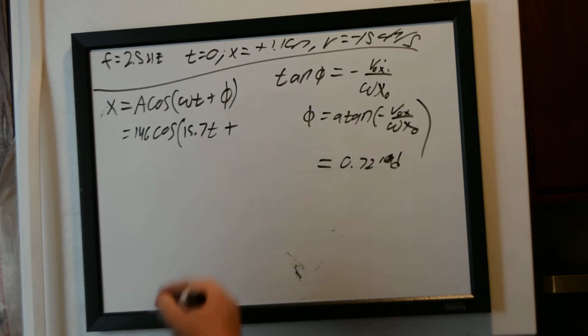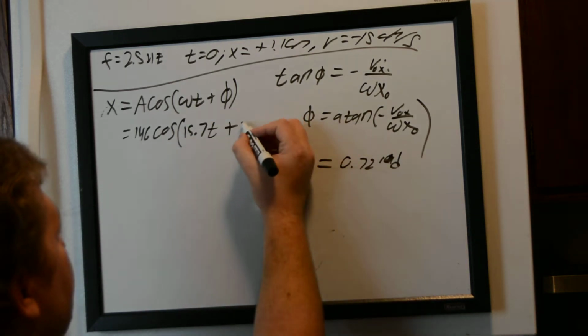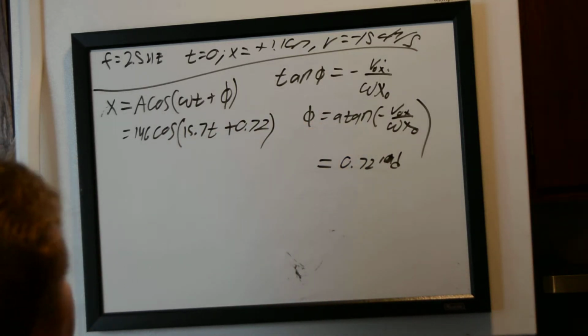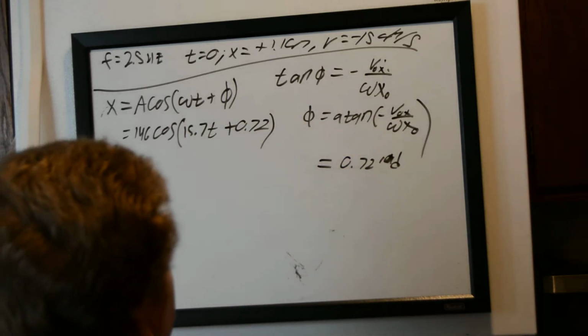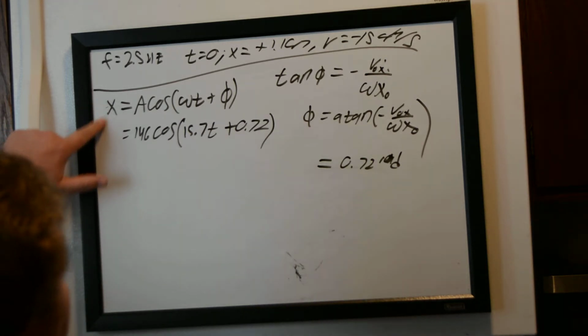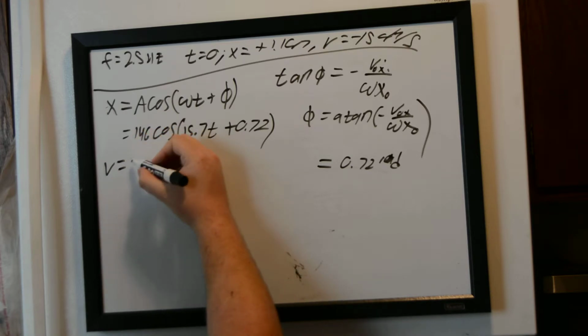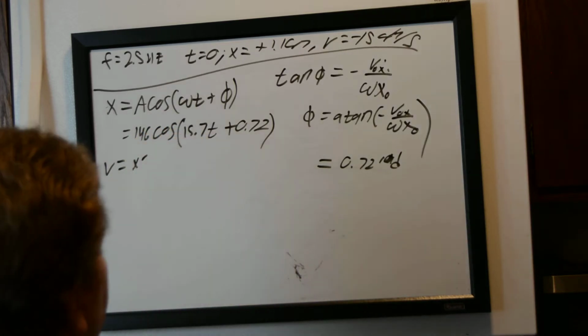So anyway, that is just going to be plus 0.72 radians. And then a fun thing to remember is that velocity is equal to the derivative of your distance.